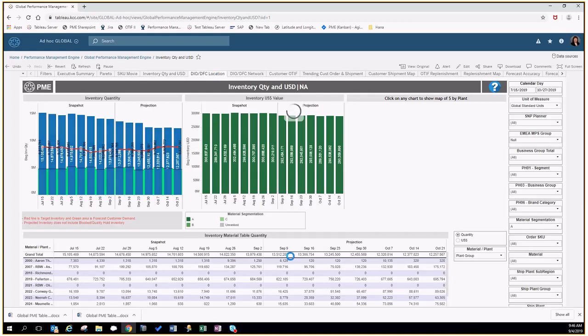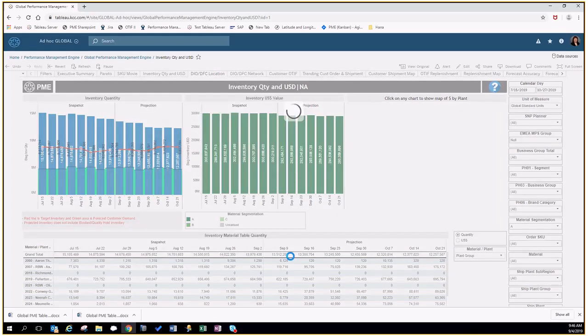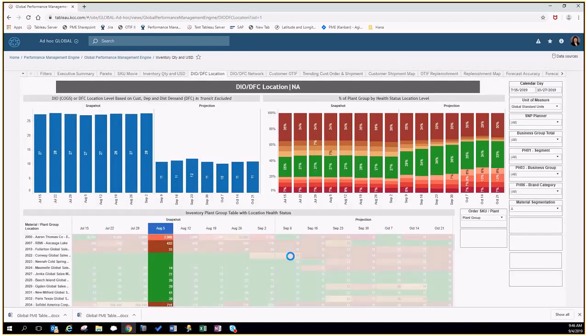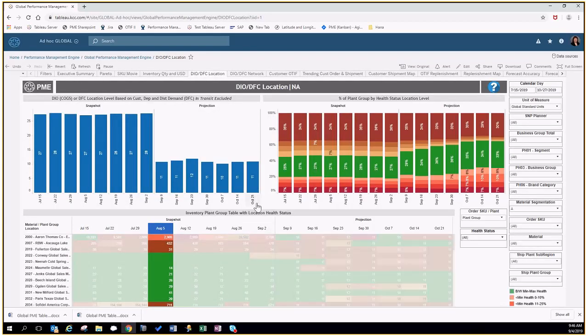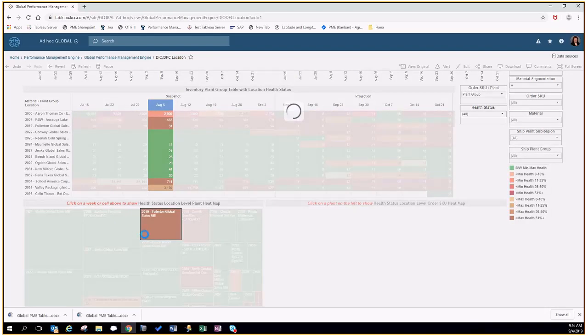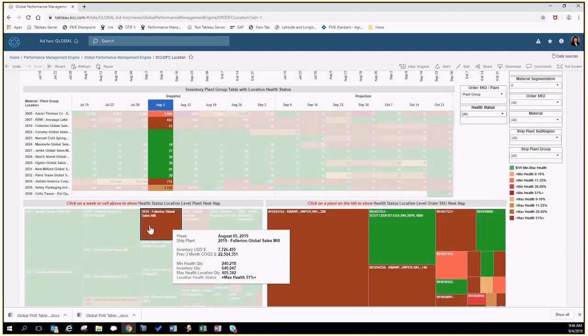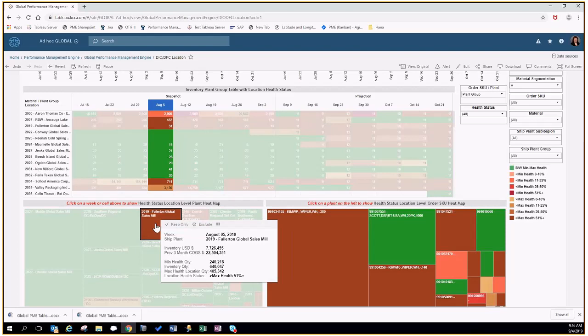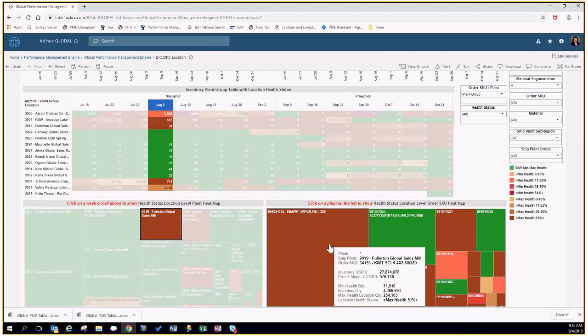Okay, any other questions on DIO DFC? I just wanted to answer your question for that lower plant. The sizes are ordered by the beginning inventory quantity. So it's showing all the ship plant groups. Good. So this is in quantity. Good. All right.